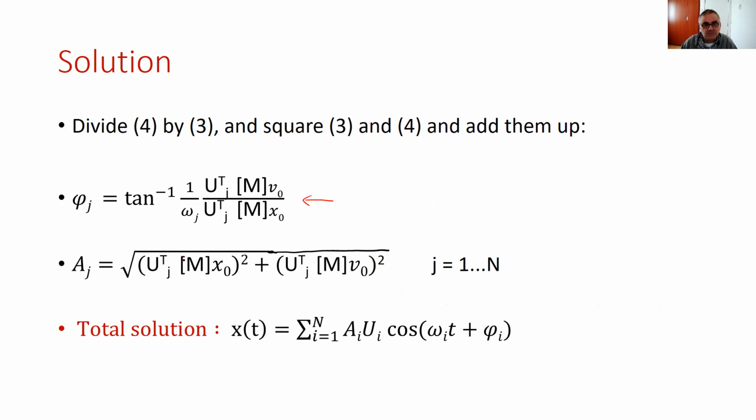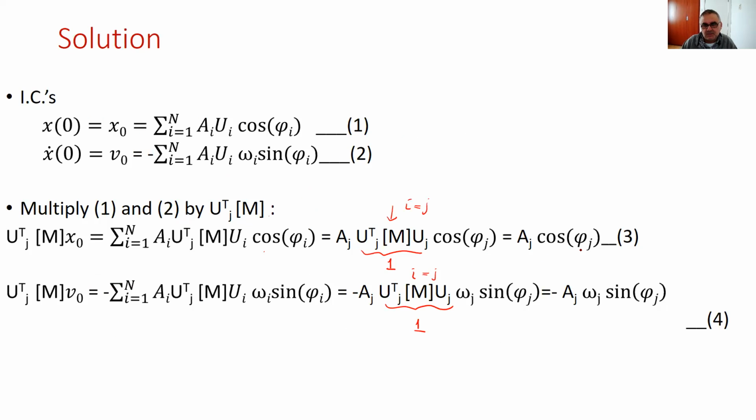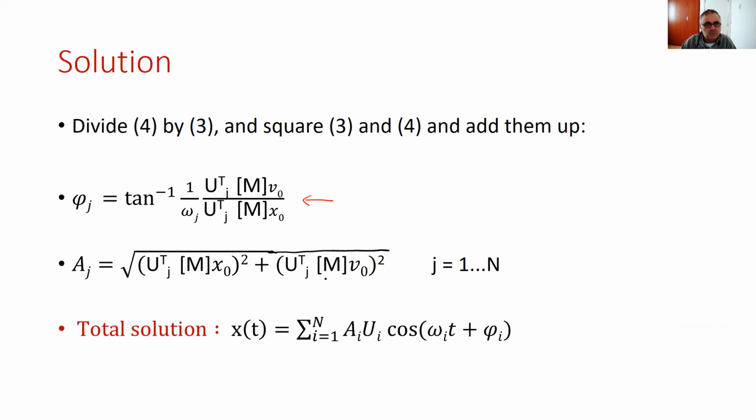And for the Aj terms, you simply square this term and this term. So cosine square plus sine square becomes a 1. So you can solve for Aj as well, as you see here. Therefore, you can solve for the coefficients.